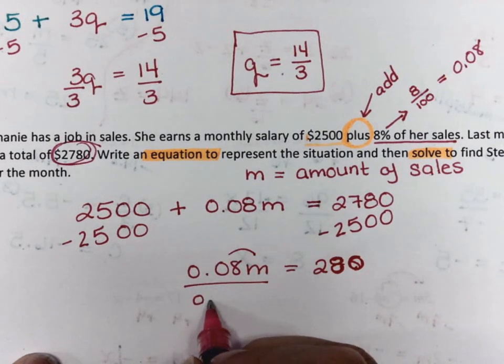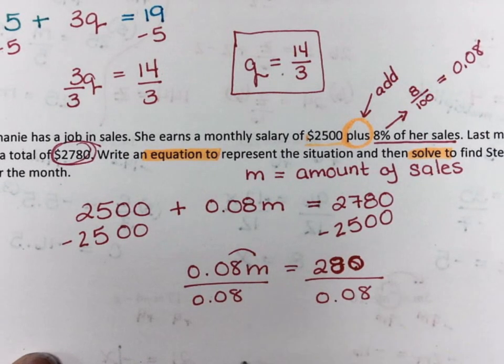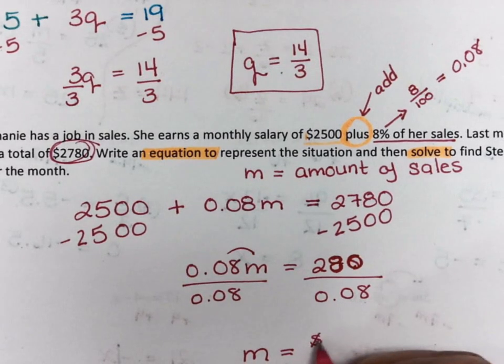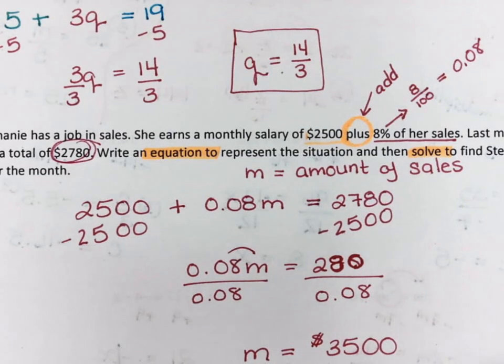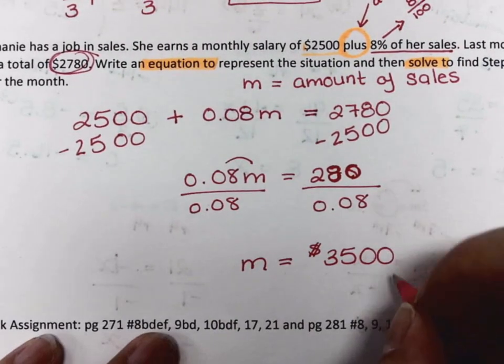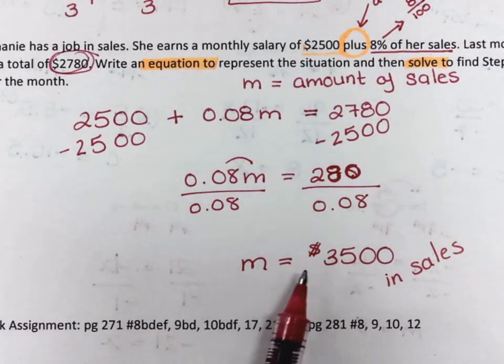So I'm going to divide by 0.08. $280 divided by 0.08. So she made $3,500 in sales.